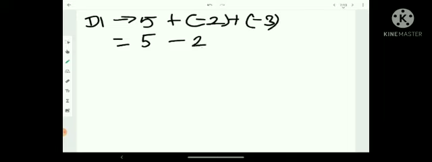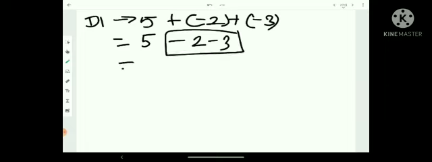So here also plus into minus minus. So these two are having equal signs. So we will first do this, 5 minus minus plus, so minus 5. 5 minus 5, that is equal to 0.